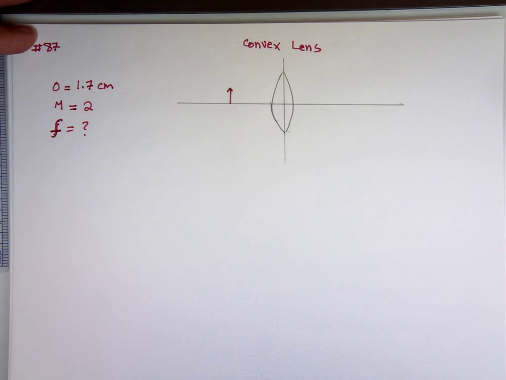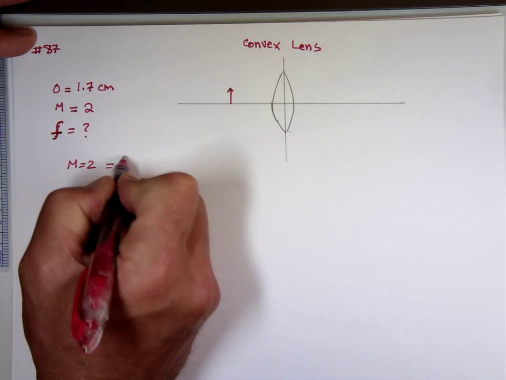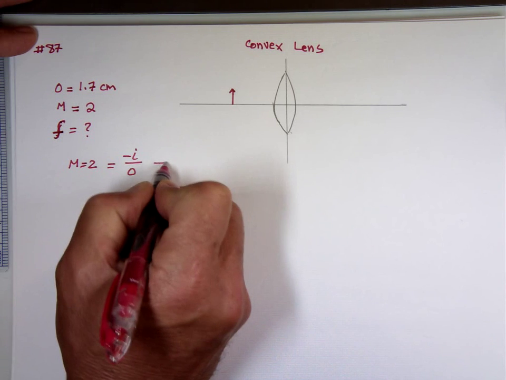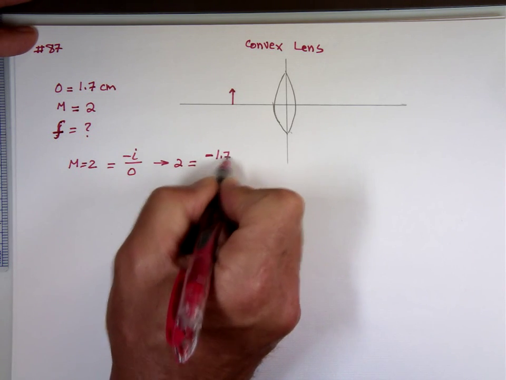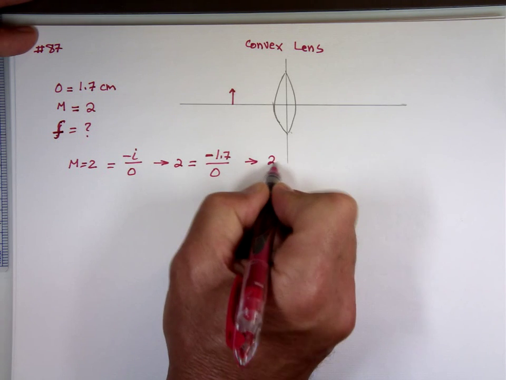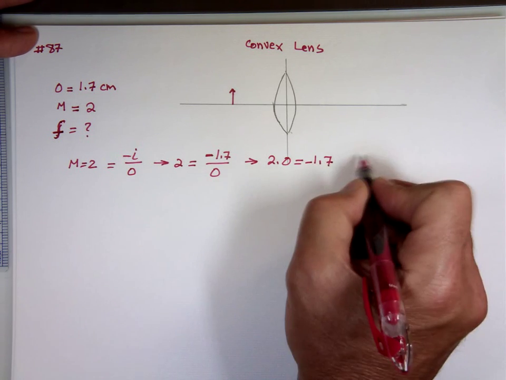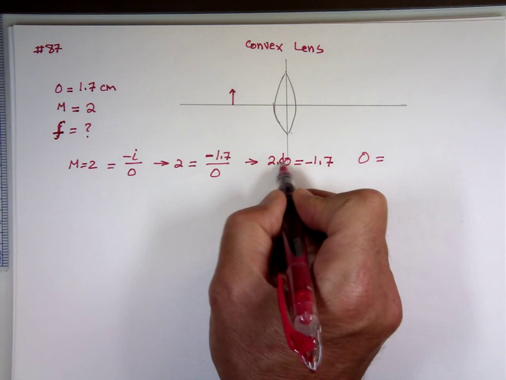If the magnification equals 2, that's negative I over O. So 2 equals negative I over 1.7. 2 times O equals negative 1.7. I should say DO, so you don't get confused. What is DO?